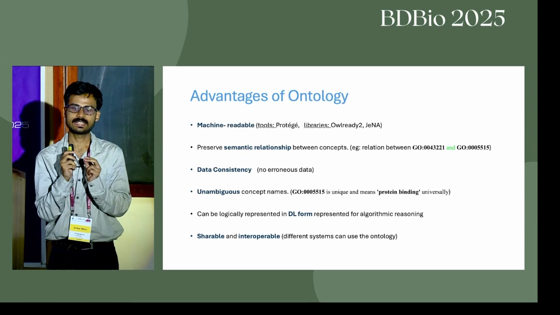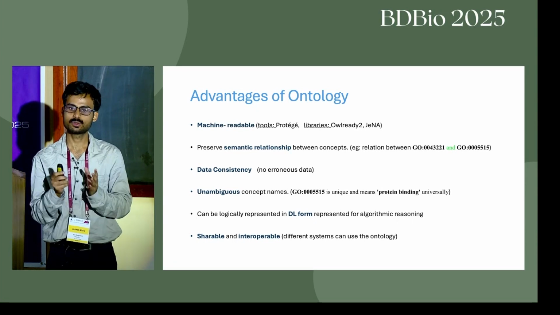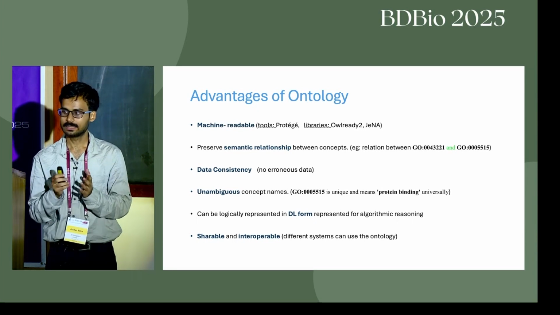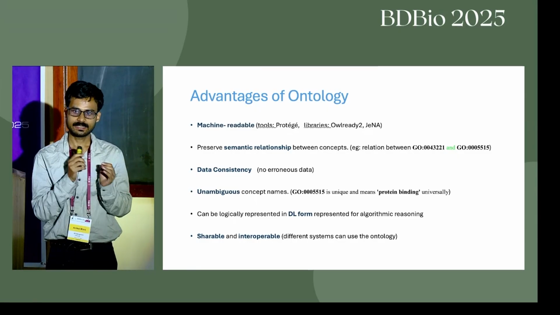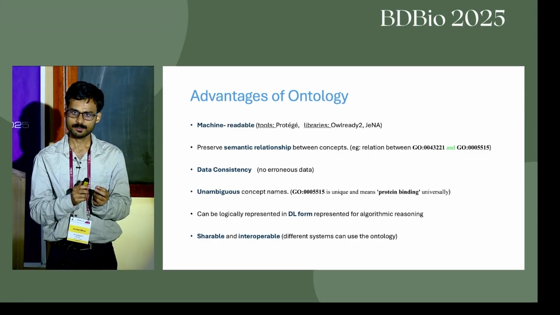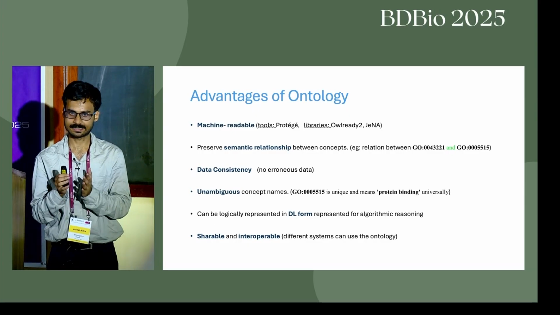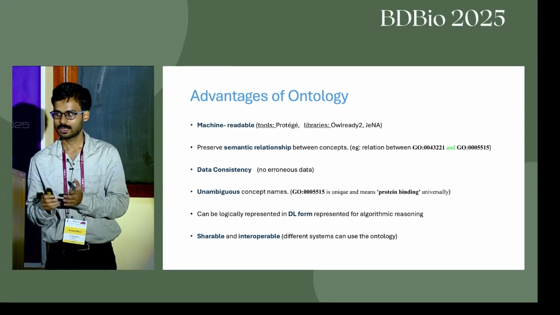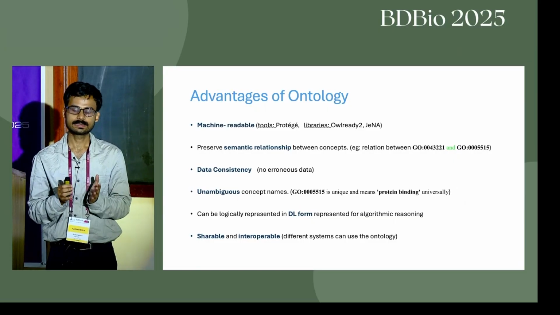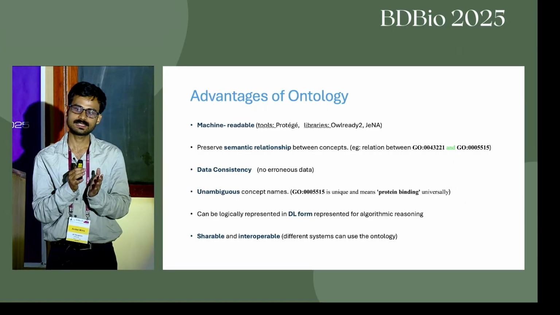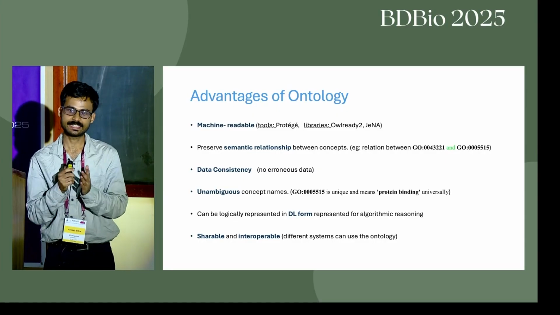So everything is unique, there is no ambiguity in the data set. As you have seen, it can be represented in description logic form, so you can use traditional symbolic logic algorithms to perform reasoning, that is deriving new facts. Also they are interoperable, that is we can use them seamlessly across multiple systems without any issues.